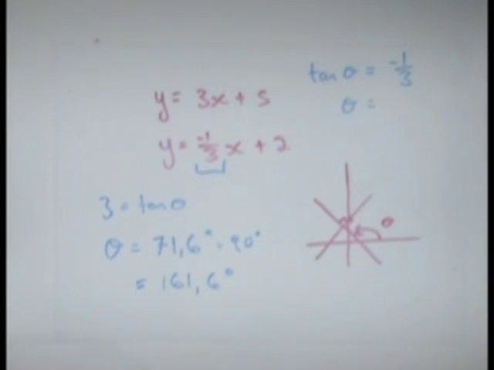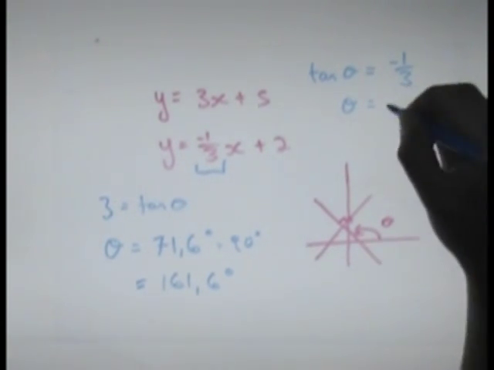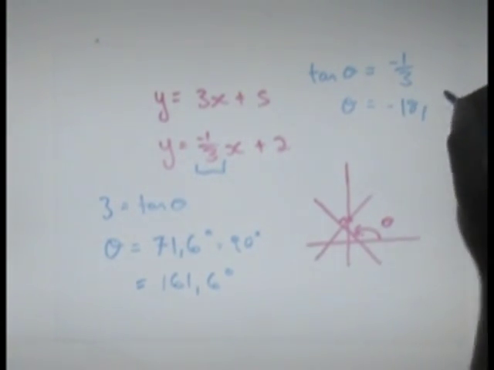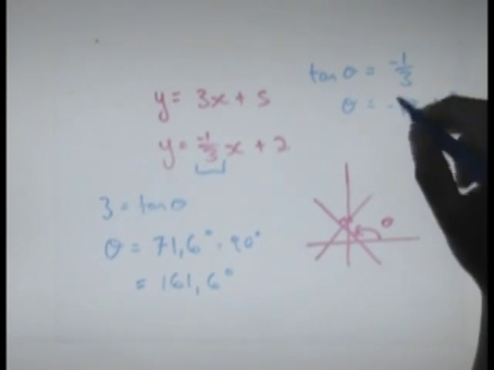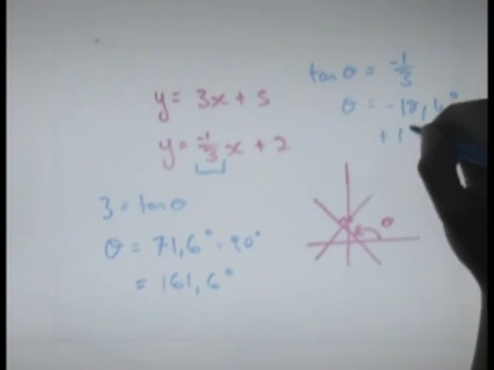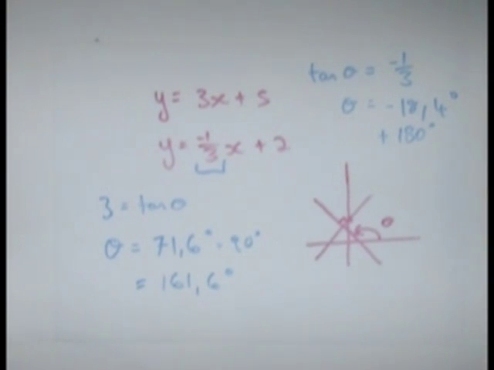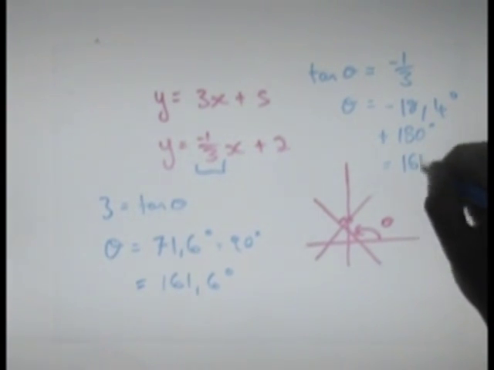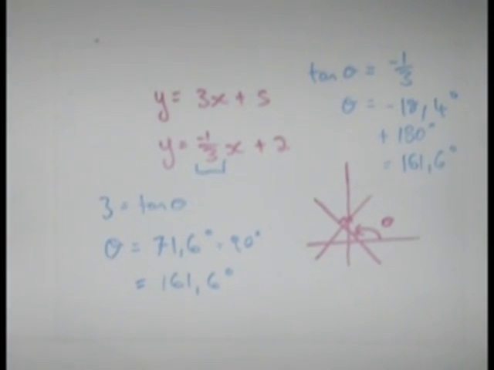That means that theta is equal to the inverse function tan of -1/3, which is going to give me -18.4 degrees. I add 180 degrees to that, which is going to give me an answer again of 161.6 degrees, rounded off to 1 decimal place. Let's have a go at one more example.